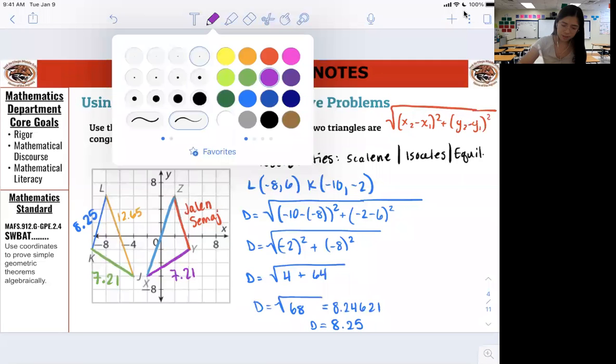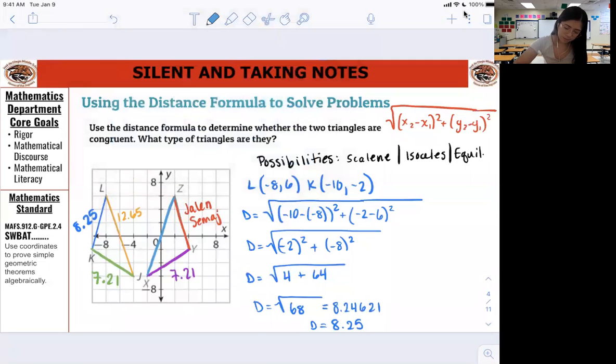So what does it look like these are going to be? We're missing just one thing, but it looks like we might have scalene triangles. And when you say symmetrical Rios, what does that mean to you?